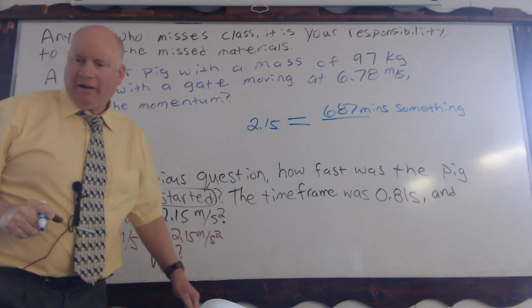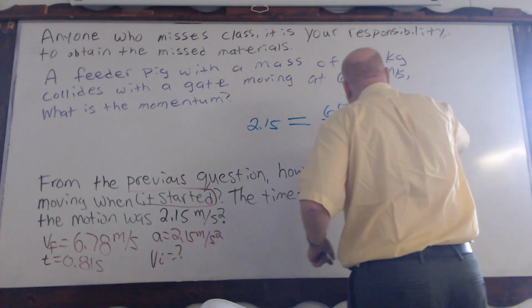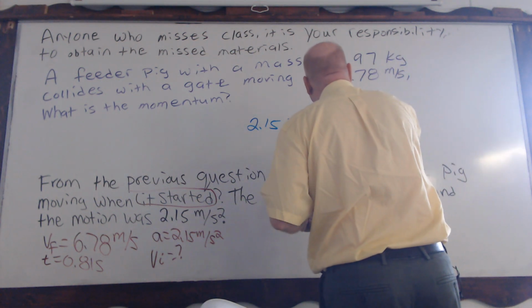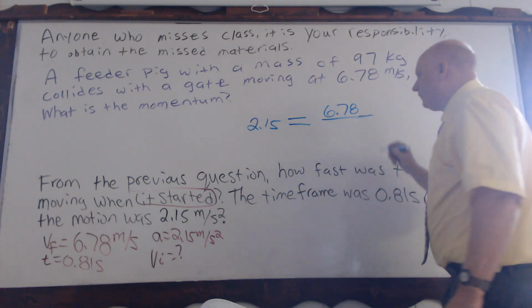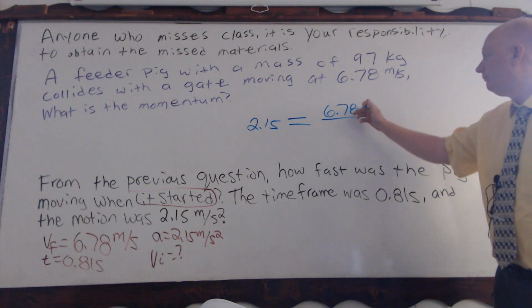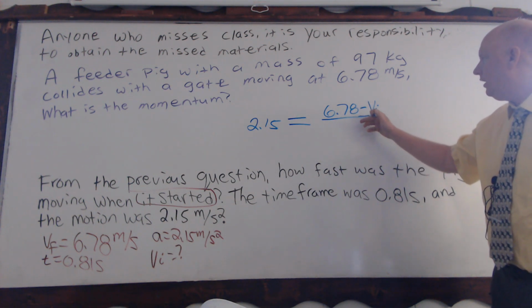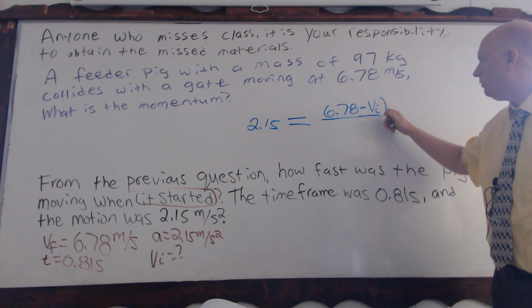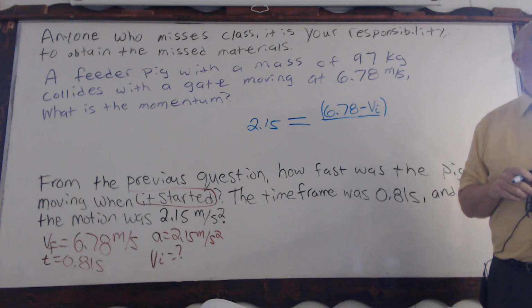Oh, 6.78. I was just seeing if anybody was paying attention. Okay. So what's our unknown? Okay. Do we know anything else? Make sure we do this. Is there anything that goes on the bottom?